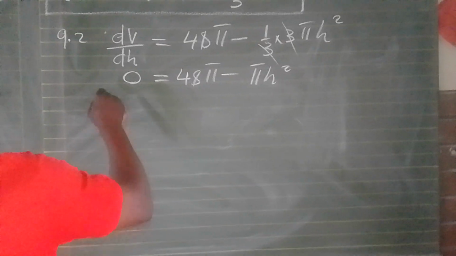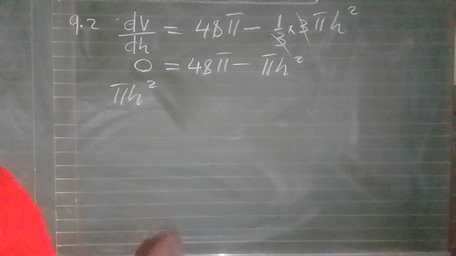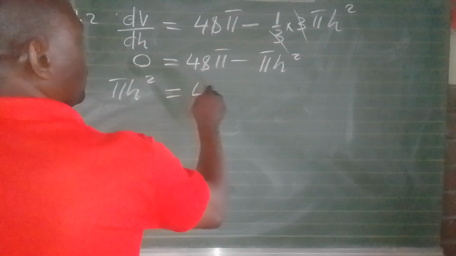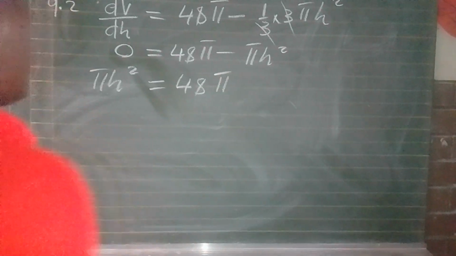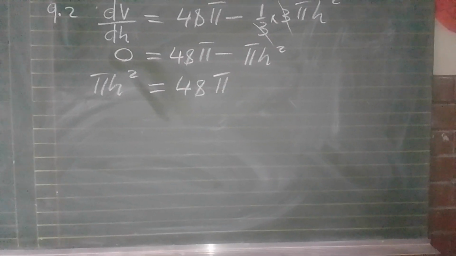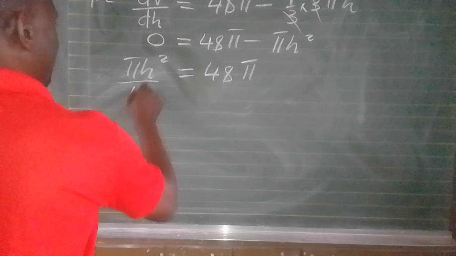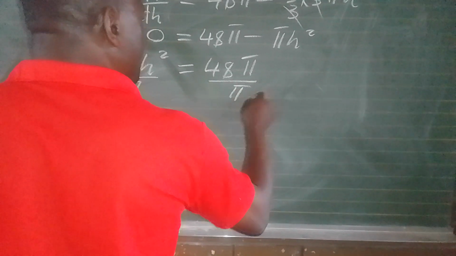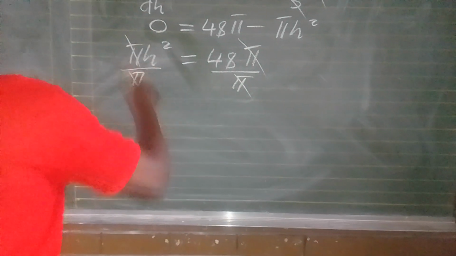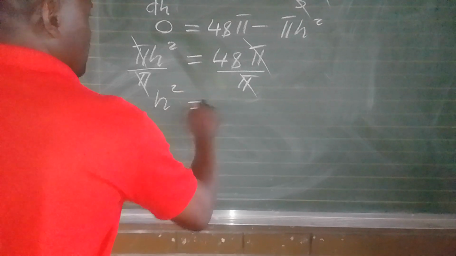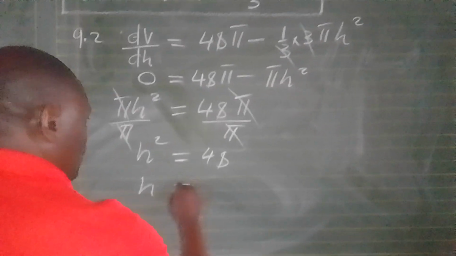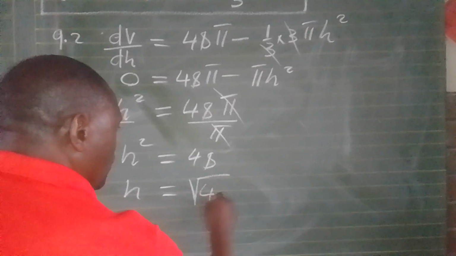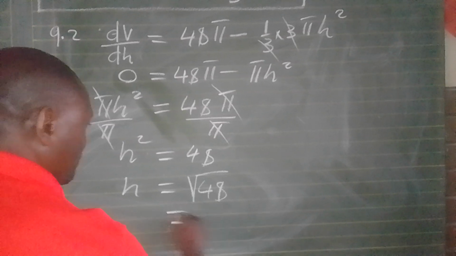You have pi H squared is equal to 48 pi. Now you divide throughout by pi. Pi falls apart. You are left with H squared is equal to 48. Then H is equal to the square root of 48.